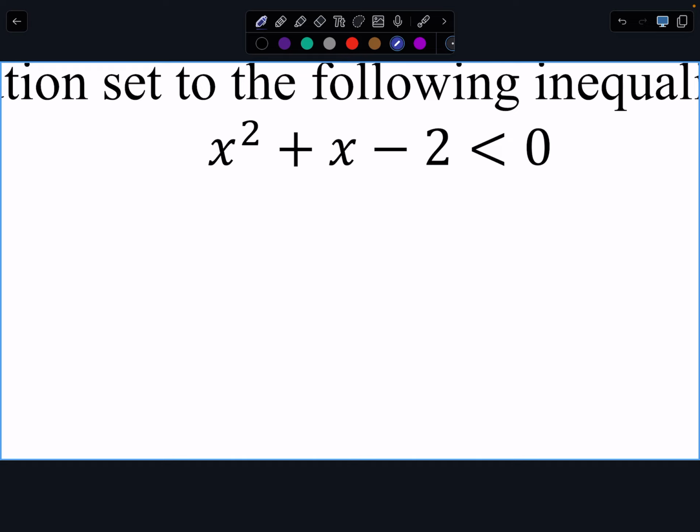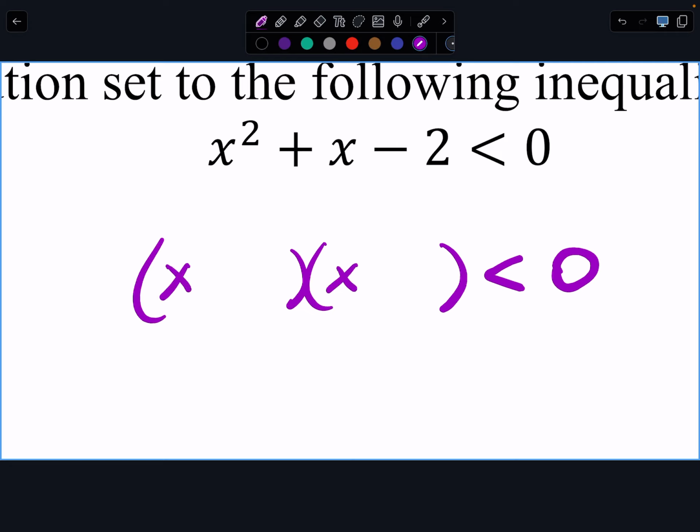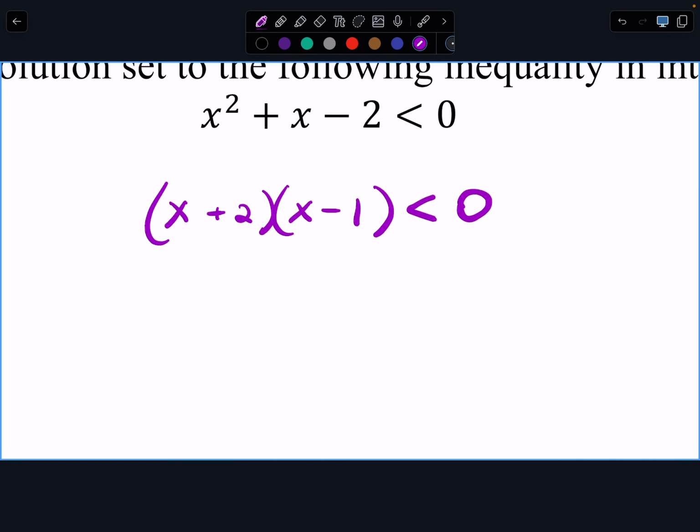So if we were to factor the left-hand side of this inequality, we have to have x and x, and we're thinking of factors of -2, so that's +2 and -1. So the values that would make the left-hand side equal to 0 would be x equals -2 and +1.